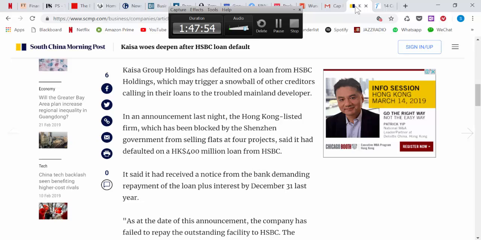This is a loan. You see, the second paragraph is your answer. In an announcement last night, the Hong Kong listed firm, which has been blocked by the federal government from selling flats at 4 projects, said it had defaulted on a Hong Kong $400 million loan from HSBC. So they voluntarily made that announcement.